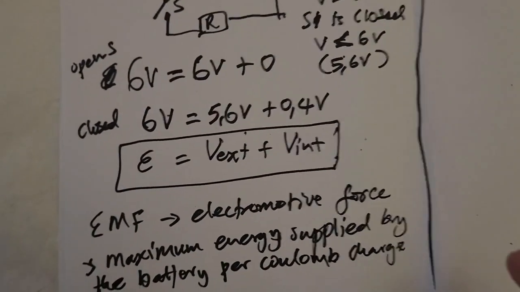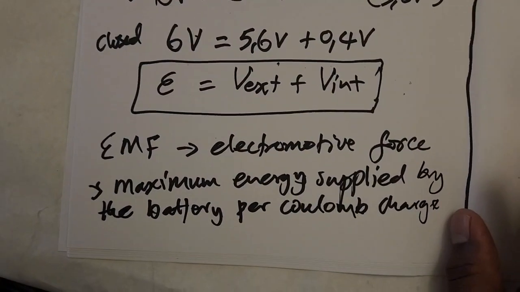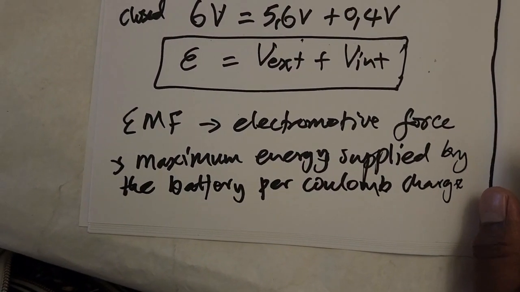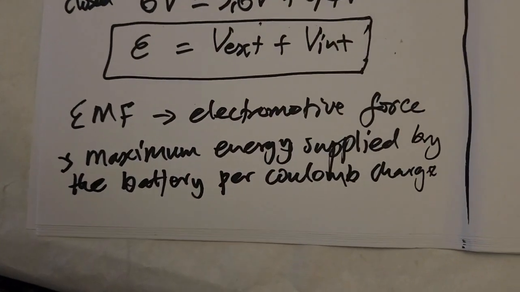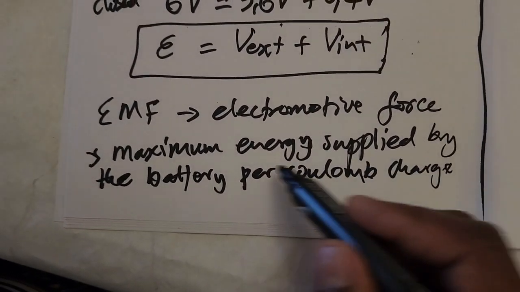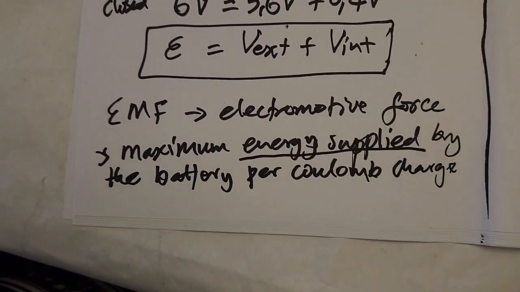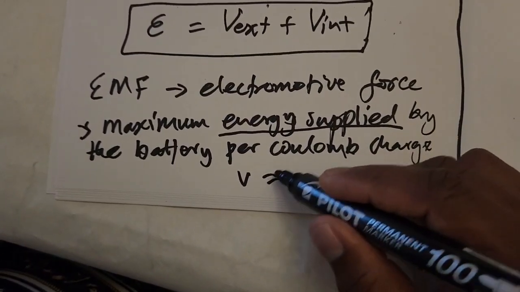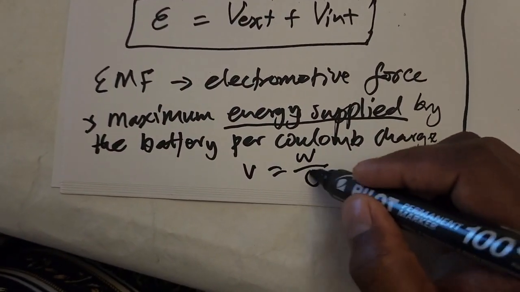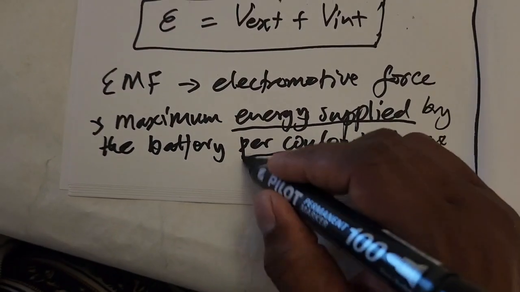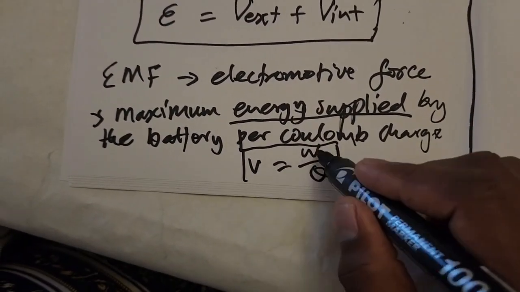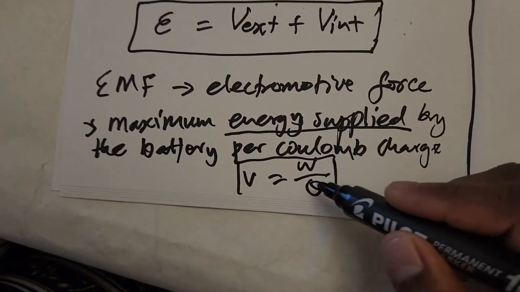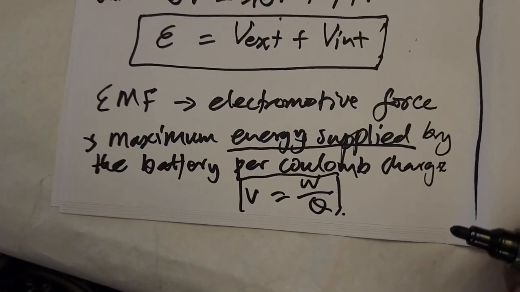That is the EMF: maximum energy supplied or maximum work done by the battery. We are guided by this formula, V equals W over Q. That's where we get the definition from. So the maximum energy or the maximum work done by the battery per coulomb of charge, that is the EMF.